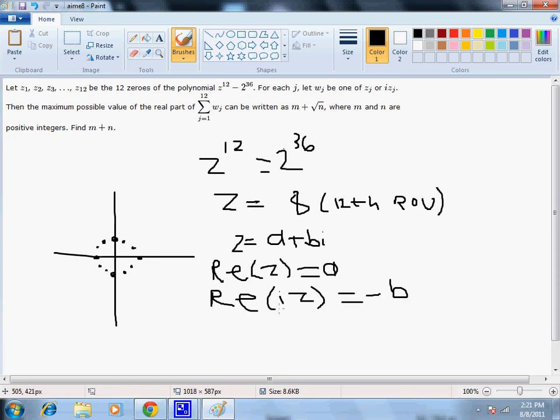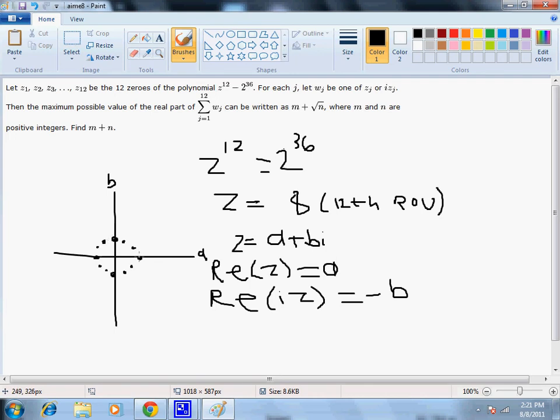So let's consider which of these numbers have an a value that is larger than the value of negative b, where this is a and this is b. Obviously this point has its a value as 1 while its negative b value is 0, and this point has 0 a value and a negative b value.